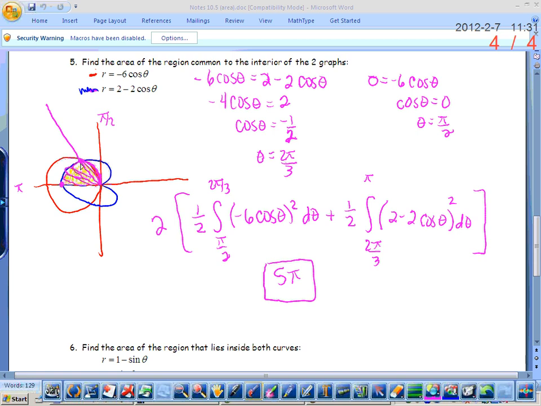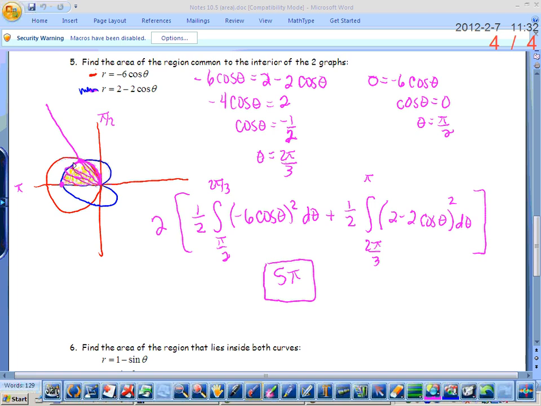If you didn't want to divide it up into 2, or just do the top half of the region and multiply the whole thing by 2, we could have approached this in a little bit different way. We still would have done the red graph from pi over 2 to 2 pi over 3.